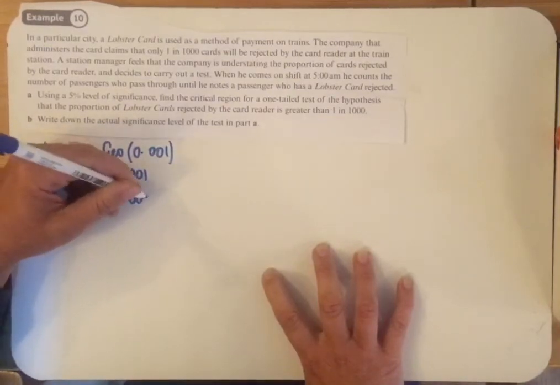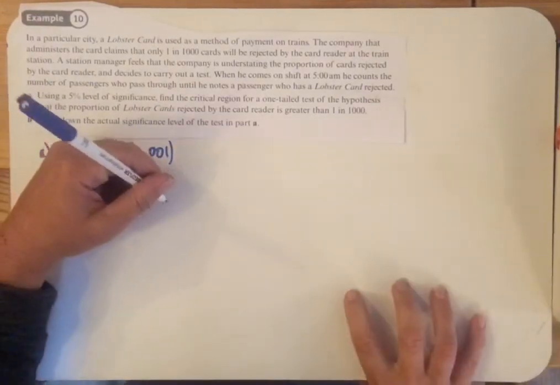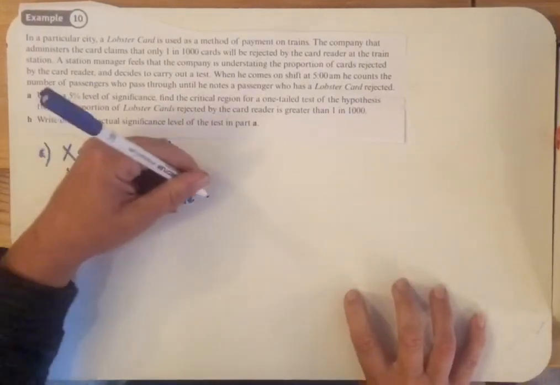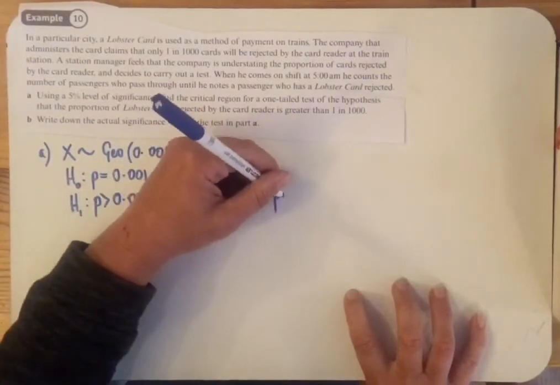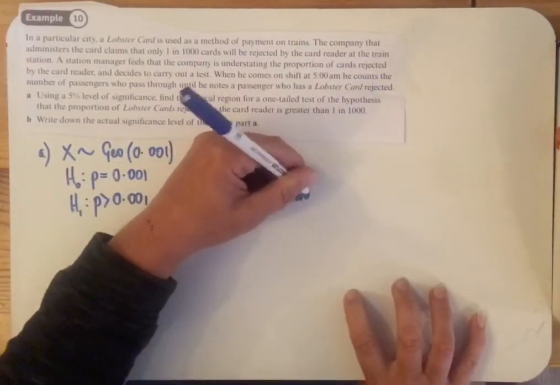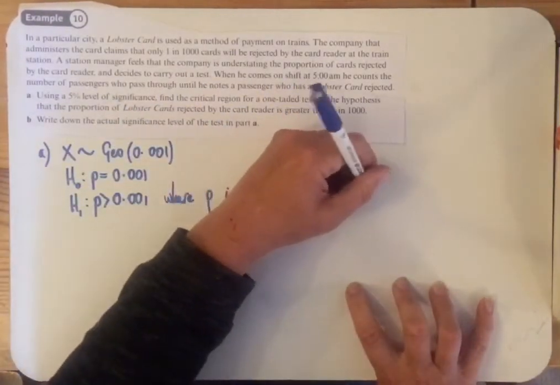He thinks more than 1 in 1,000 are rejected. Define your parameter, so where P is the probability a card is rejected.